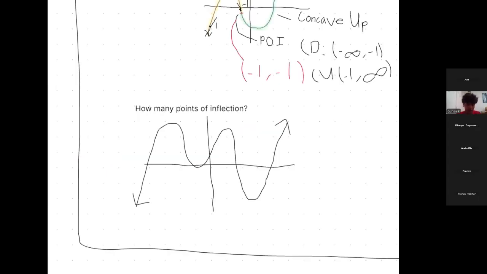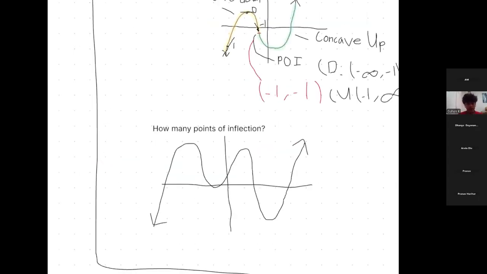Now, here's a little more challenging question. How many points of inflection are there on this graph? Not quite, Arvin, but think about how many times it changes between being concave up and concave down.